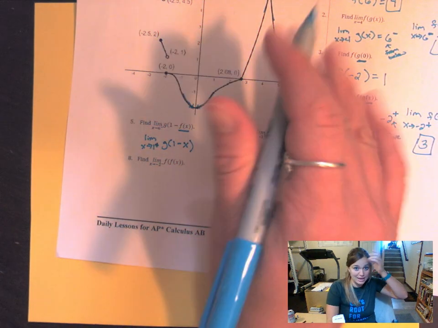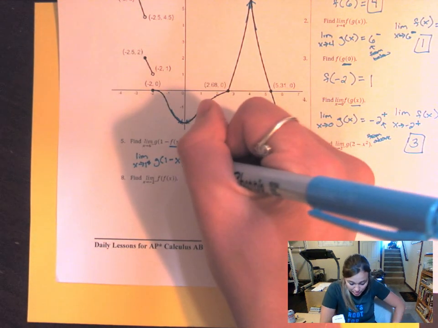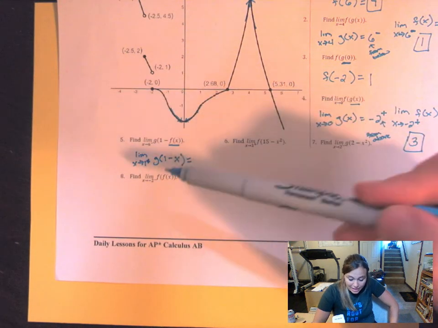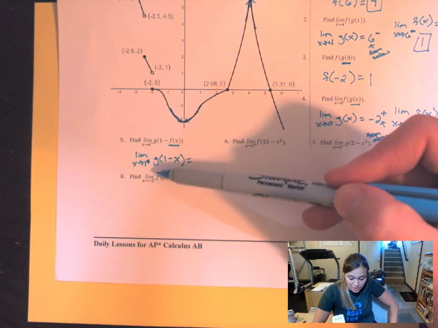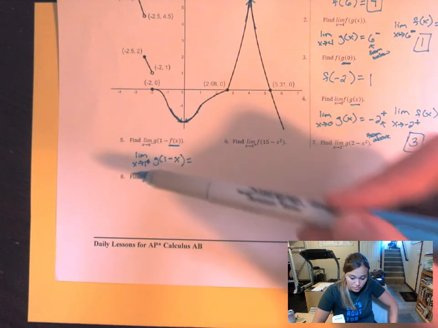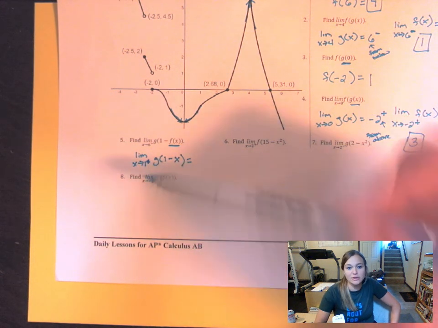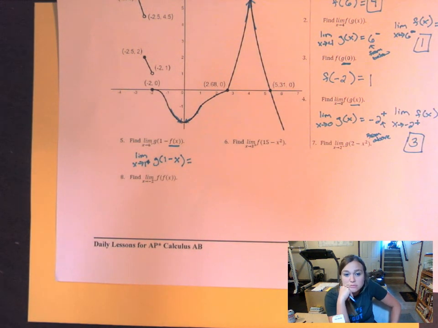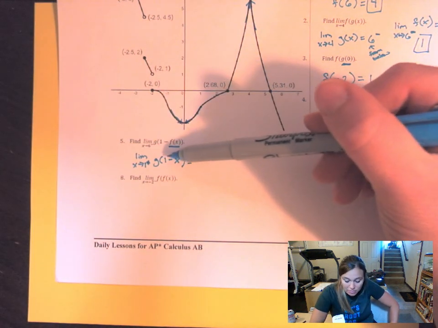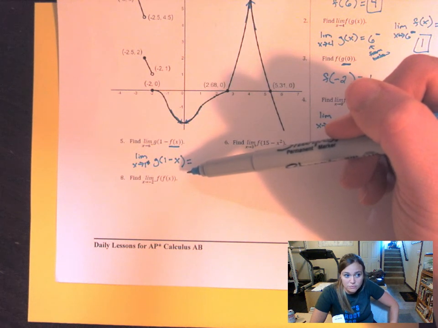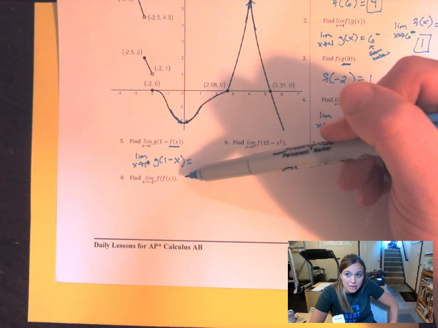Okay, get ready. This is another strange moment, but if this is the limit as x approaches 1 from the right of g of 1 minus x, think about a value slightly to the right of 1. 1.1, 1.01. Now let's think 1 minus 1.1. 1 minus 1.1 would be negative 0.1, right?